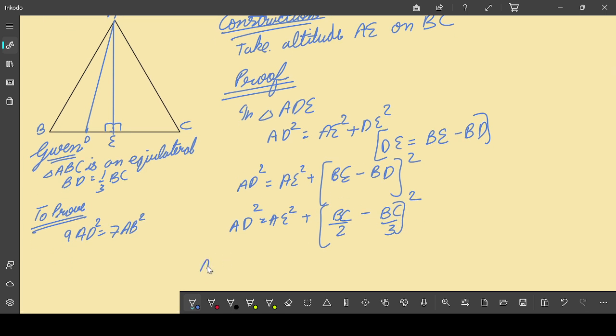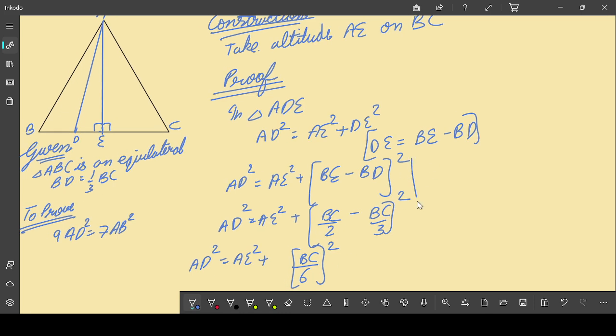Okay. So AD square will be equal to AE square plus, subtracting these two, 3 minus 2, 1, so (BC by 6) whole square, right? Okay. So from here, I get AD square is equal to AE square plus BC square by 36, right?